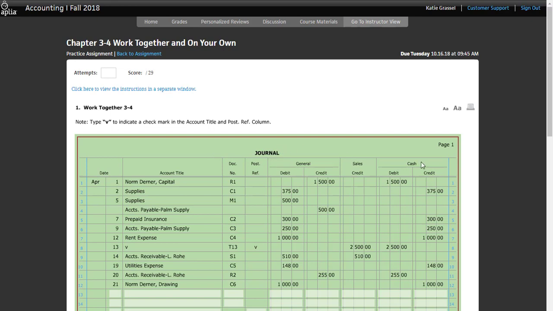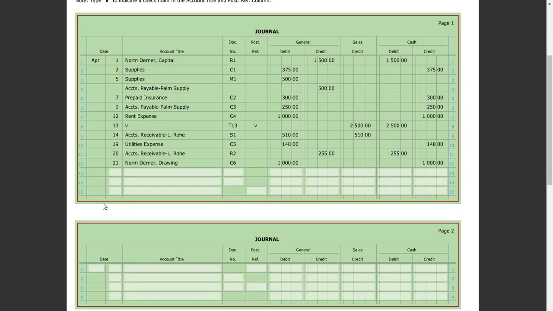So on April 23rd, that's going to go on line 13 in my journal. I'm going to put the date of the 23rd. Transactions read, sold services on account to L. Rowe. Brooke, what are my 2 accounts? Is there a special column for sales? Is there a special column for accounts receivable?